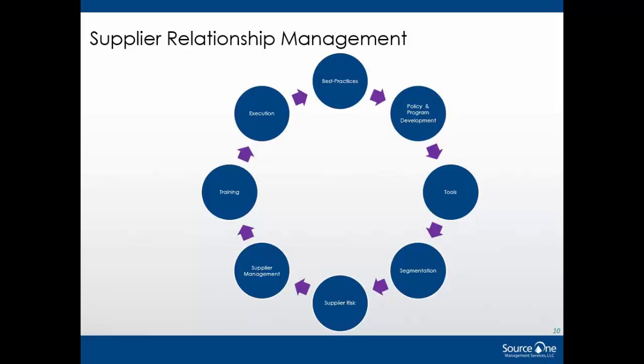Are you able to identify duplication of purchases? Are you able to work on spec management so that you're not overbuying? Are you able to work with the supplier on process improvement? Are you able to work with the supplier on establishing a preferred buyer status for your bank? So a number of different things can happen within that execution bucket.